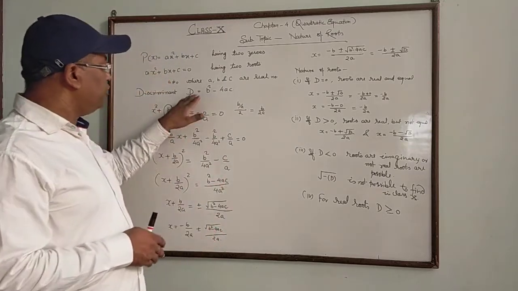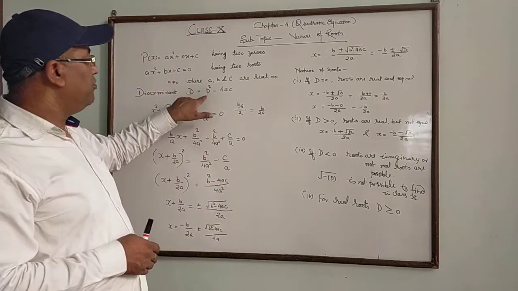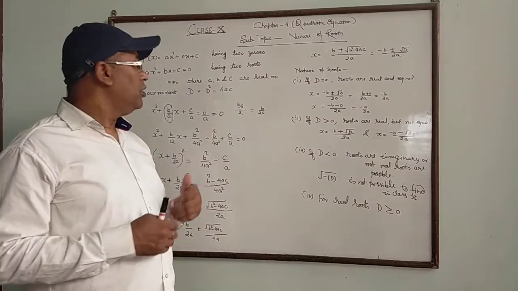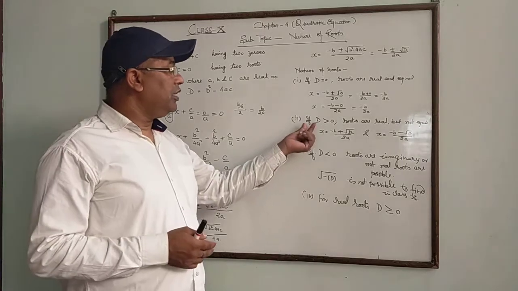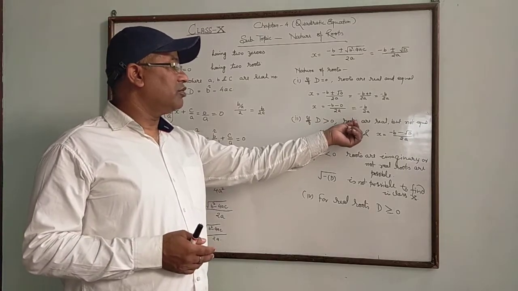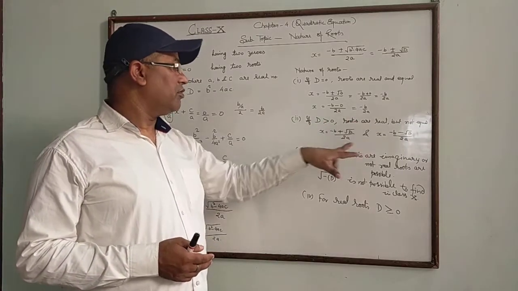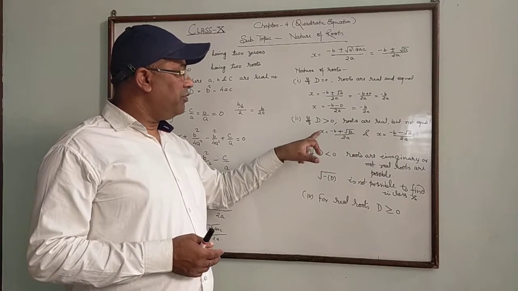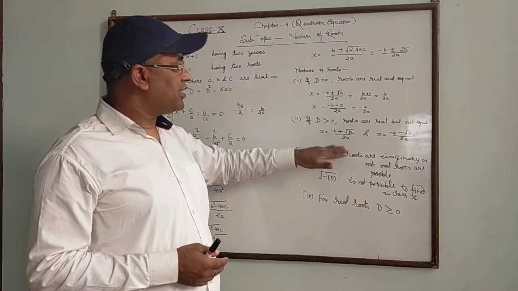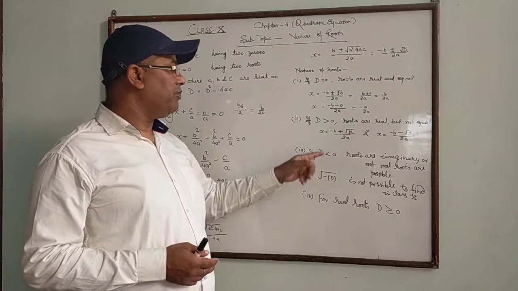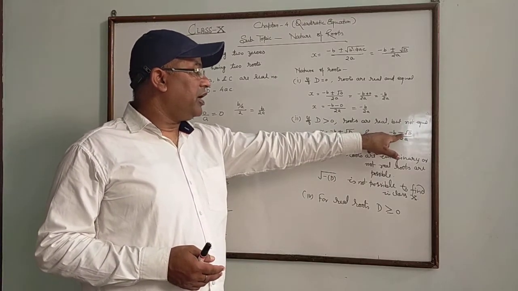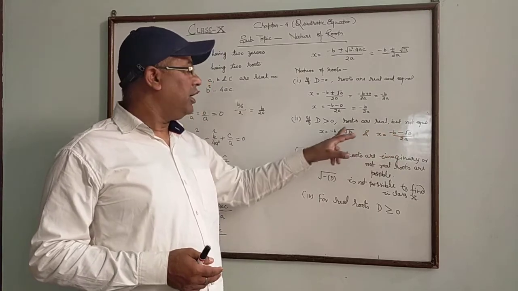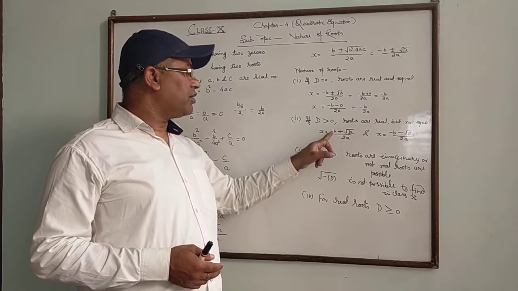But suppose we find D, b square minus 4ac, gives a value more than 0, or greater than 0. It shows the condition: roots are real but not equal. Why? Because when we take the plus sign and minus sign, in one case we add and in the other we subtract.